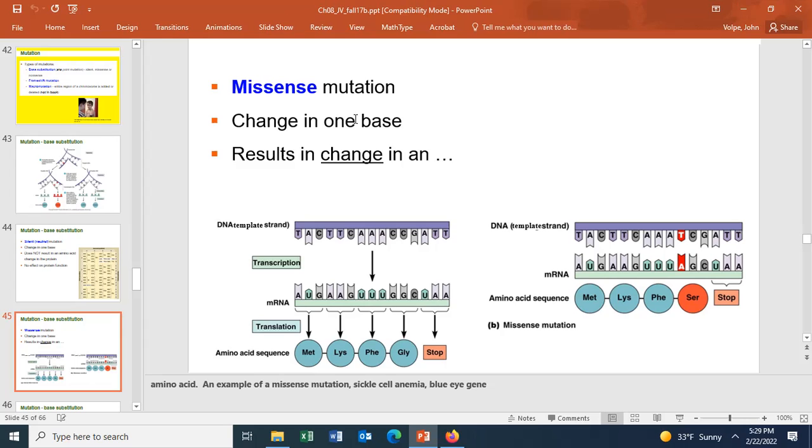But when the first mutation happened, it was passed on, and probably because of the low population, inbreeding happened. And then a child was born with two of the blue eye genes, and then the child had blue eyes. As I said, that happened in Northern Europe about 10,000 years ago. Any question about any of that?